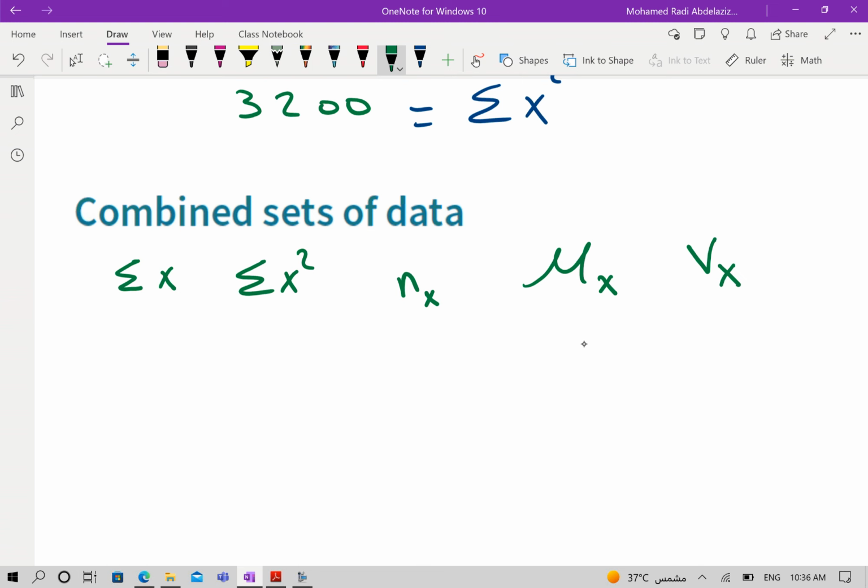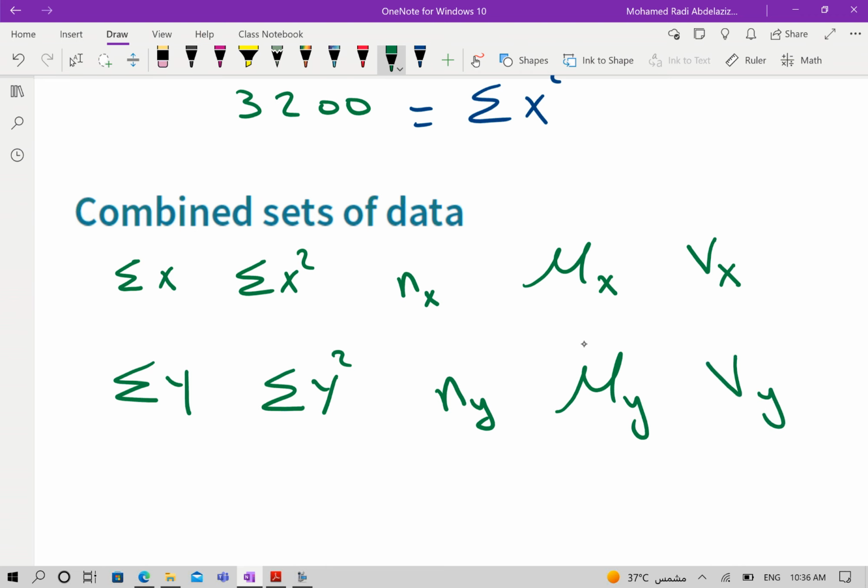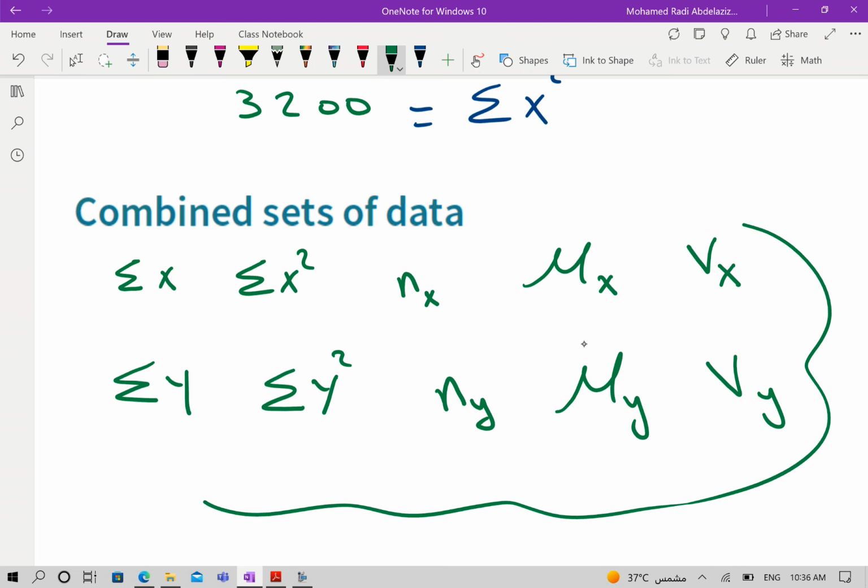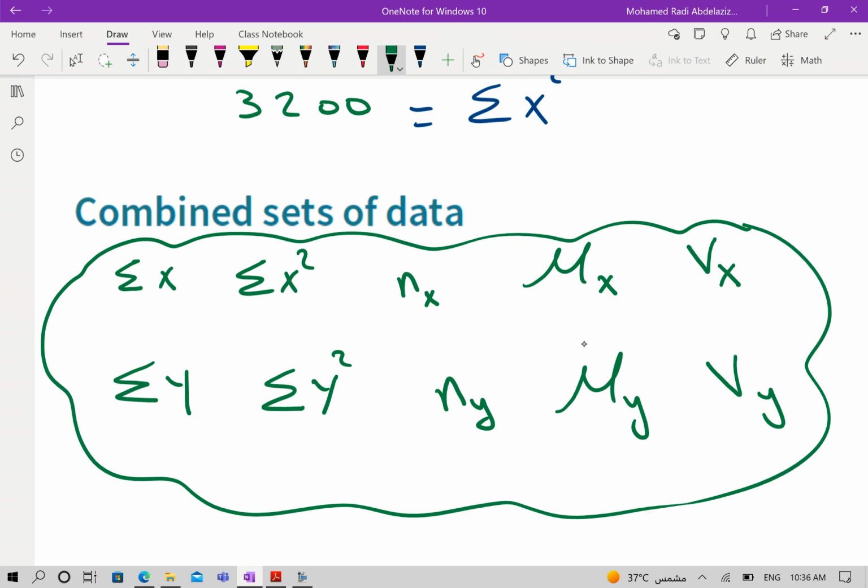For the girls group, if, say, y, sum of y, you can get sum of y squared, the n values of y, you can calculate mu, you can calculate the variance. But if we combine both as one group, how to calculate mu and how to calculate the variance?